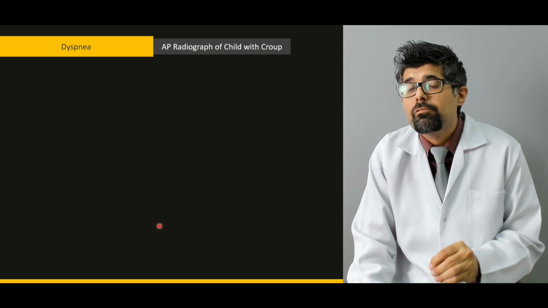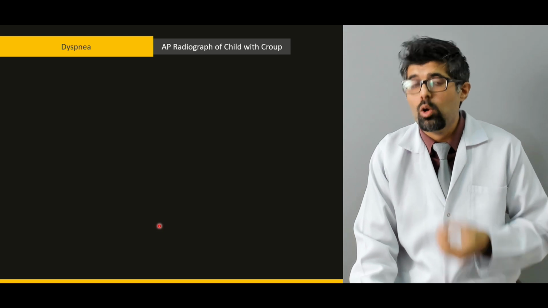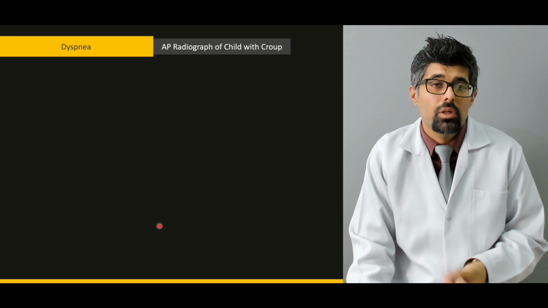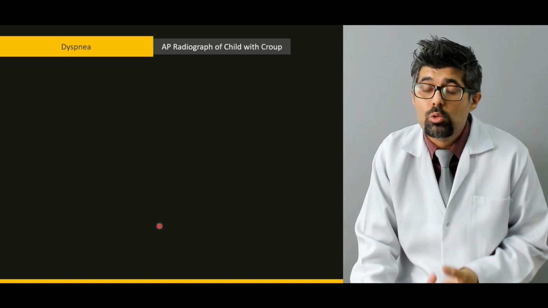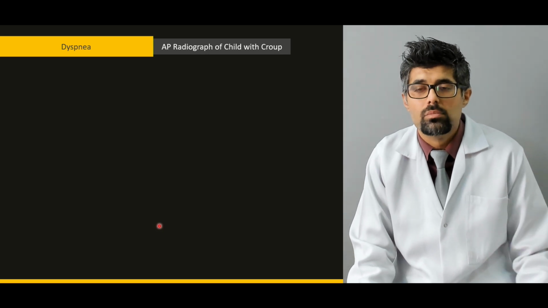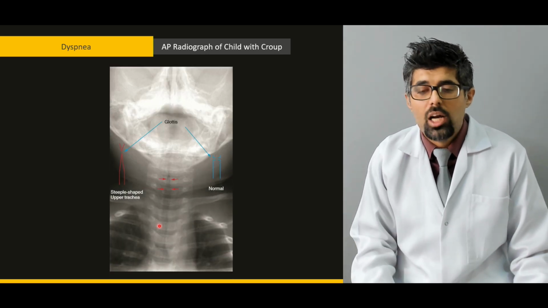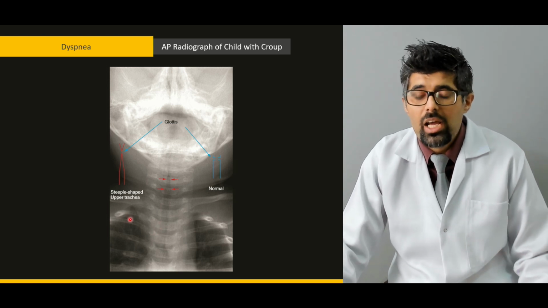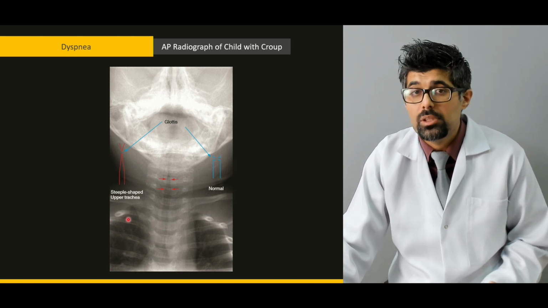Croup is defined as an inflammation of the vocal cords. It is not only common in children, but also very common in singers and teachers. A child with croup, with an inflamed vocal cord, will have what is called a steeple sign.